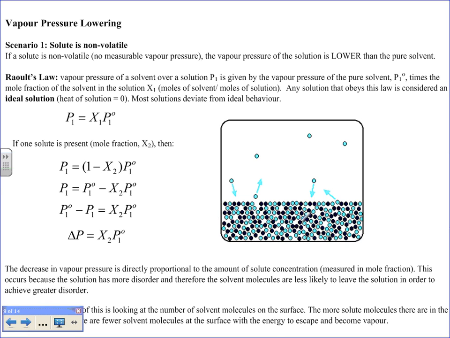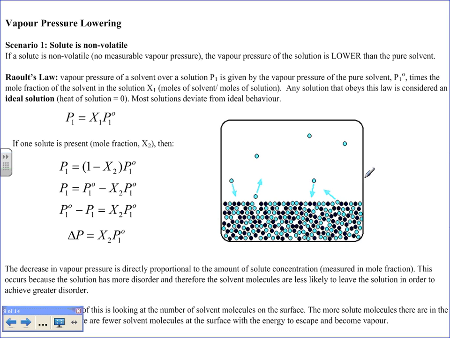What is actually happening is there are fewer molecules escaping the surface of the liquid and putting gas into the space above the liquid. Therefore, the vapor pressure, the pressure of this vapor on the outside container, is lowered.